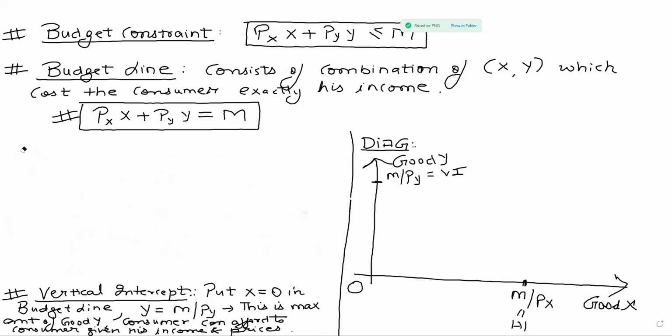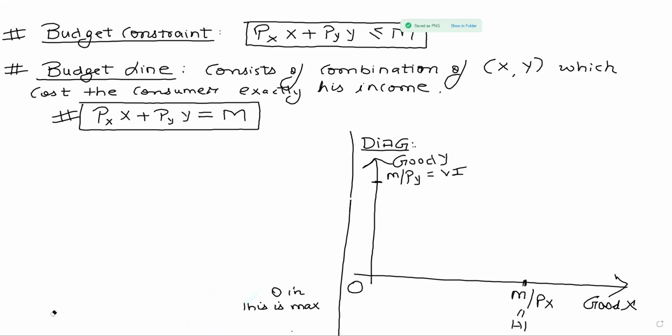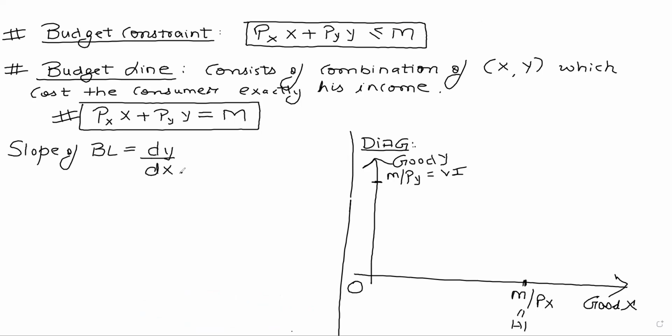Mathematically, all of us know slope is nothing but dy by dx, when y is measured on the vertical axis and x is measured on the horizontal axis. So slope of the budget line is nothing but dy by dx. So guys, let us work out dy by dx.